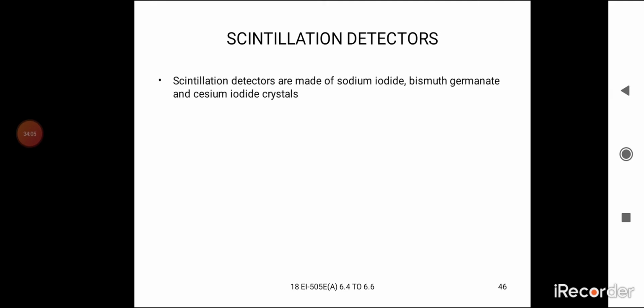Scintillation detectors. Scintillation detectors are made of sodium iodide, bismuth germanate, and cesium iodide crystals.